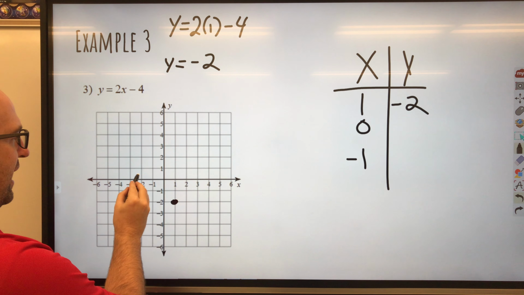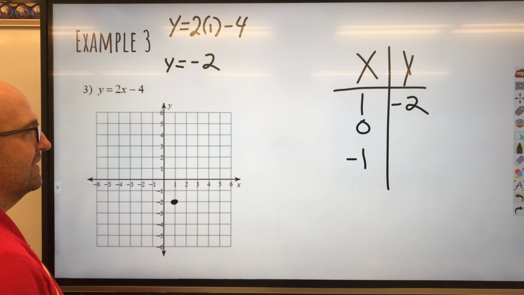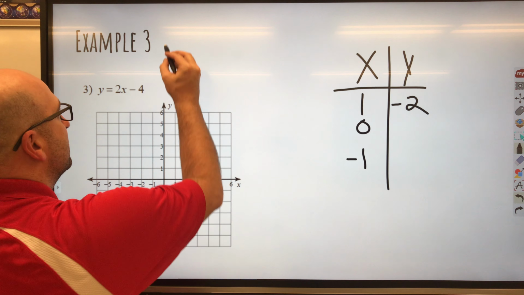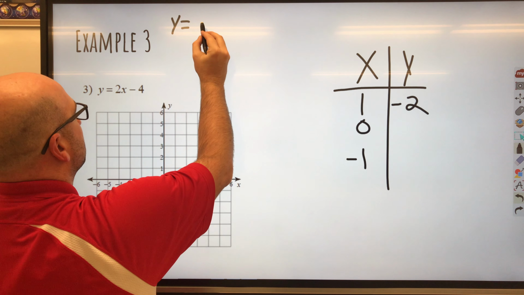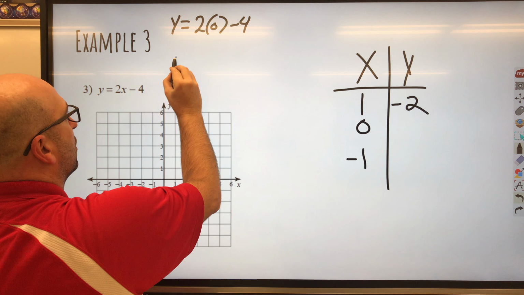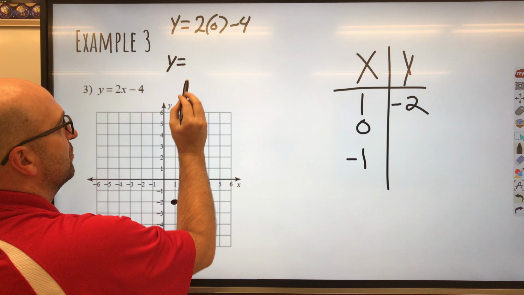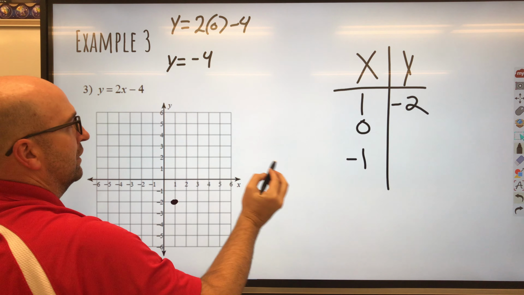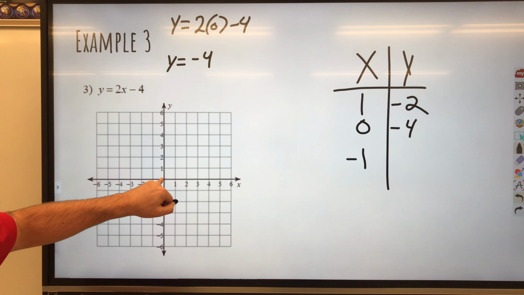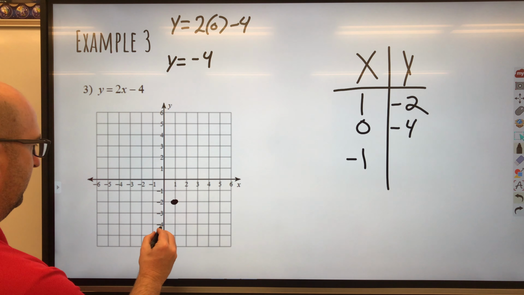Remember, we're always doing the x-axis first, y-axis second. Next one, 0. So y equals 2 times 0 minus 4. 2 times 0 is 0. 0 minus 4 is -4. So let's plot 0, -4.